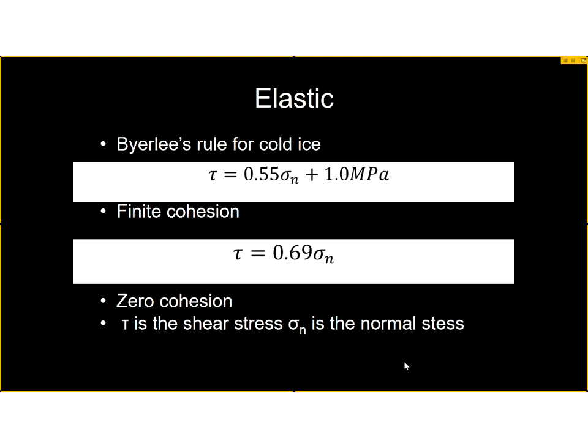For elastic parameters, they're all driven by some simple equations. I wanted to include some equations here so you physicists knew that us geologists knew how to do some math. This is a relationship that describes the elastic strength of ice at depth with both zero cohesion and finite cohesion. Basically, does the material have any strength to begin with?